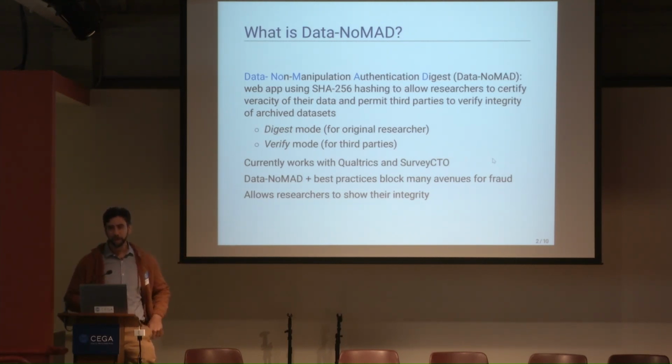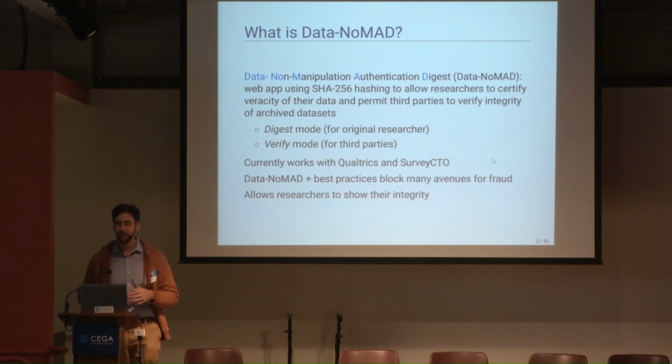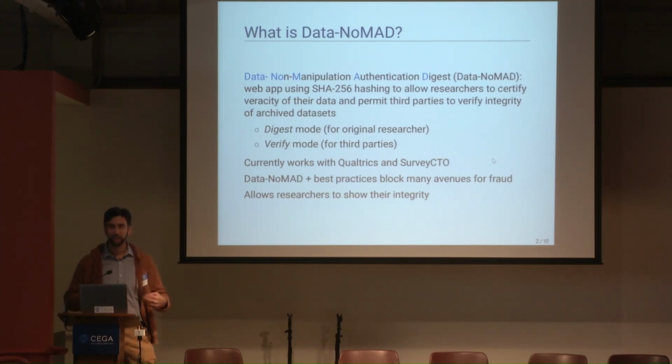The idea is that you're collecting data on a platform like CTO or Qualtrics, and we consider the data that's collected there to be the original source data that hasn't been tampered with. The idea is to use hashing to create a digital fingerprint of that untampered data that can then be used as an authentication reference further down the line.